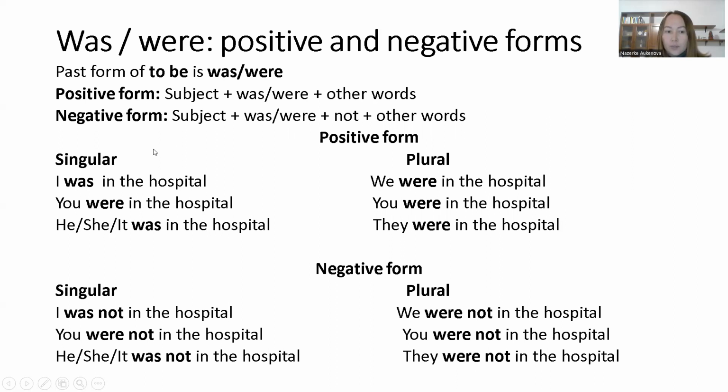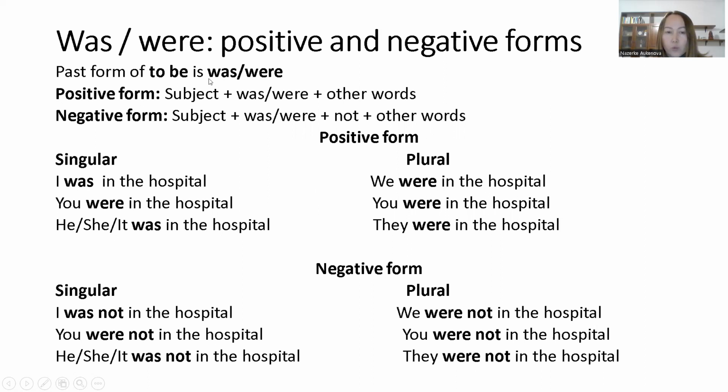As you see here, I have written singular and plural forms of positive was and were. So for example, I was in the hospital, they were in the hospital, and so on. In the negative form, again singular and plural, we have to use the word not after was or were, yes?